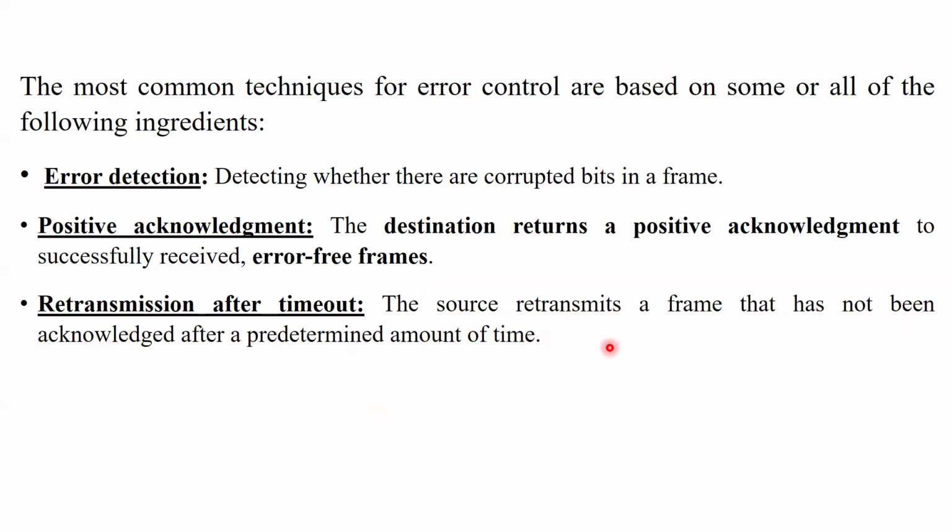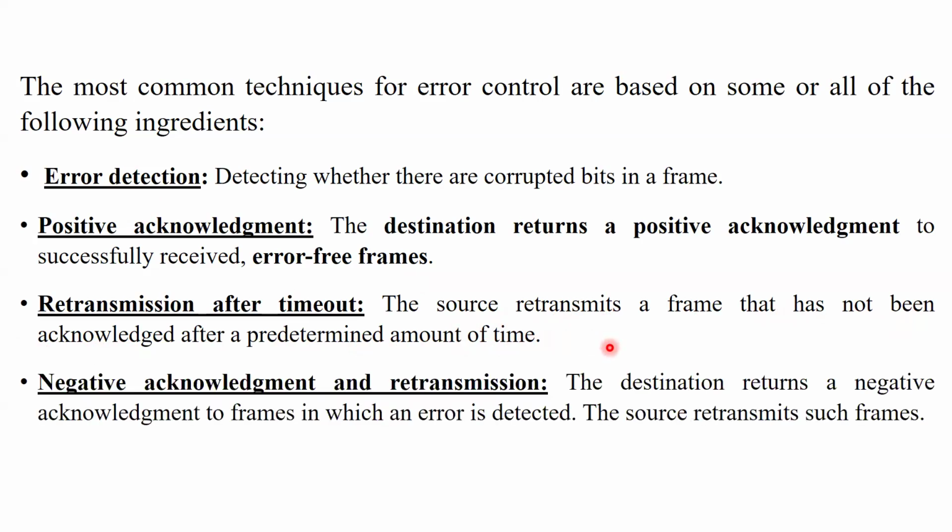The fourth is negative acknowledgement and retransmission. The destination returns a negative acknowledgement for frames in which an error is detected during transmission. The source retransmits such frames.